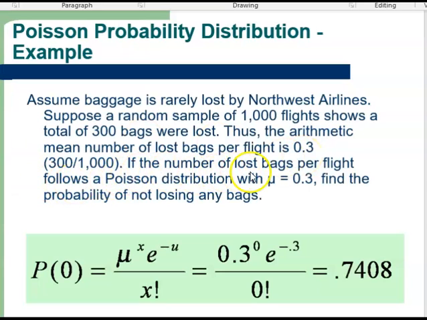And if the number of lost baggage per flight follows a Poisson distribution with mu equals to 0.3, find the probability of not losing any bags. Not losing any bags means 0, right? X is 0. So let's use Microsoft Excel and calculate this.